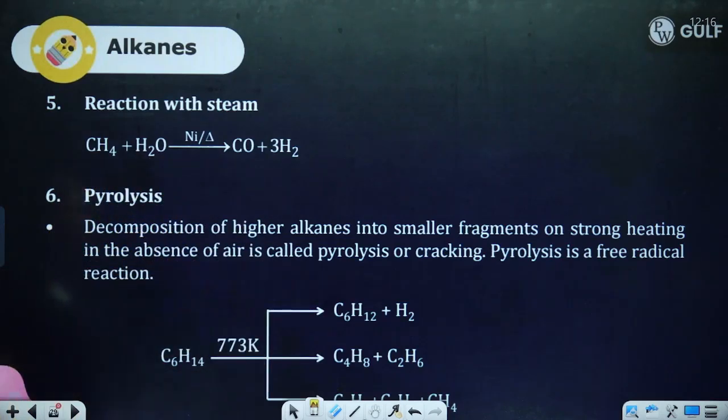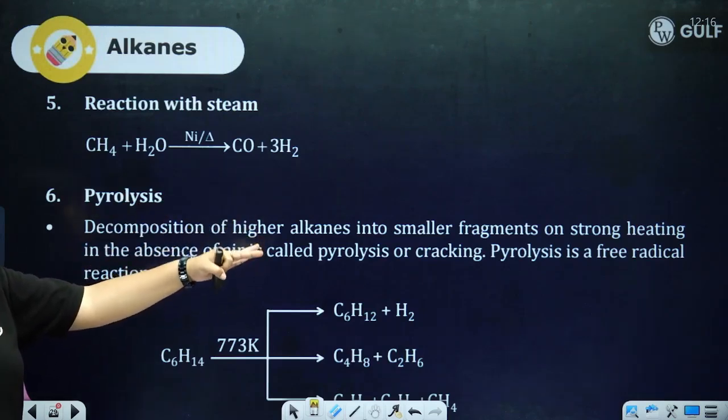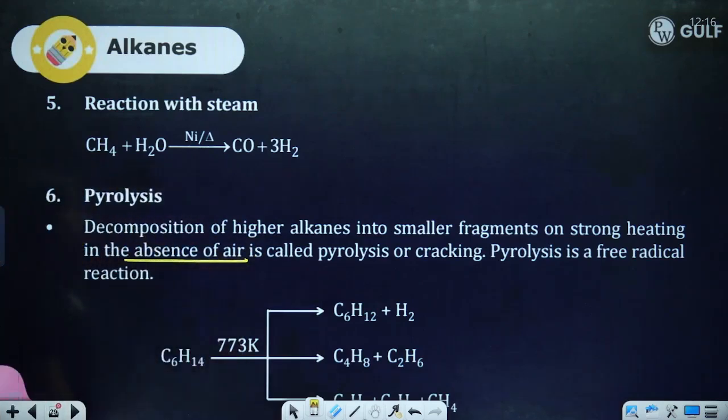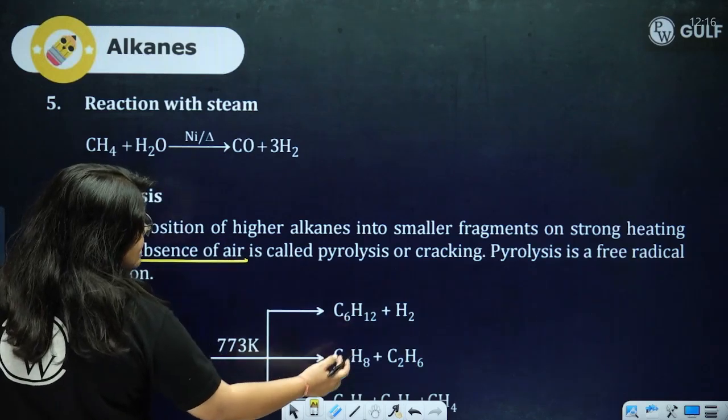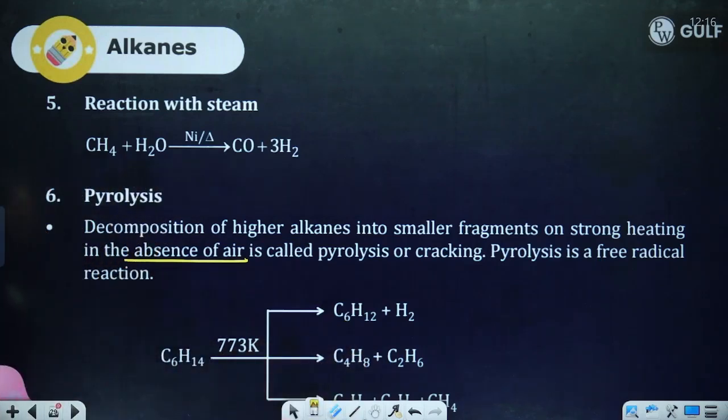Then we have pyrolysis, that is decomposition of higher alkanes into smaller fragments on strong heating in the absence of air, that is nothing but absence of oxygen, is called pyrolysis or cracking. Pyrolysis is a free radical reaction. You see C6H14 is giving rise to C6H12, C4H8, C2H6. So this is nothing but pyrolysis.